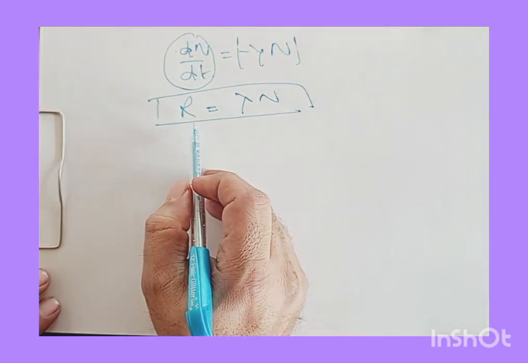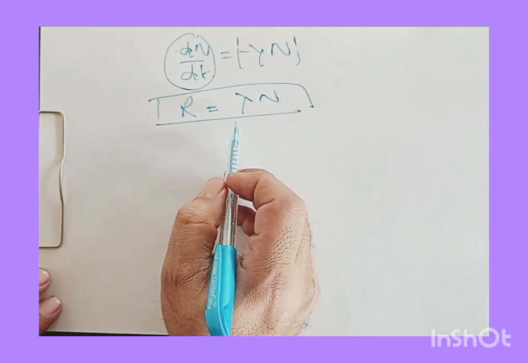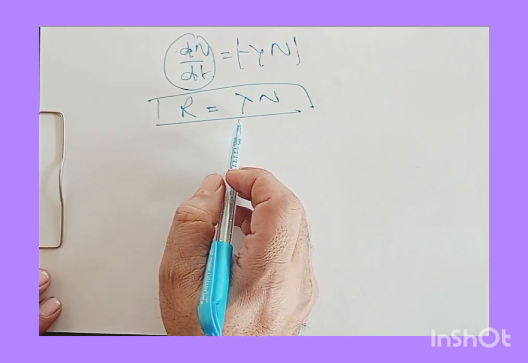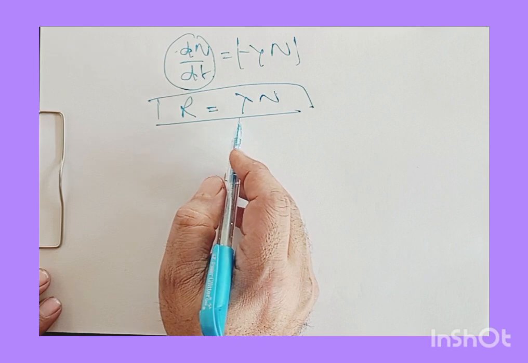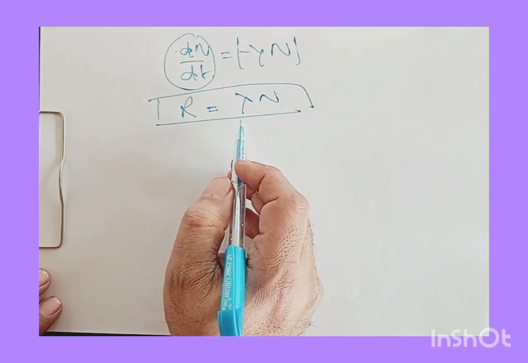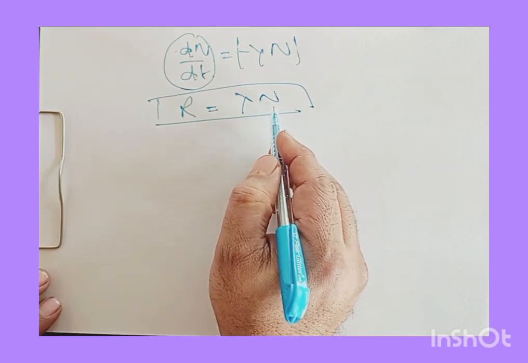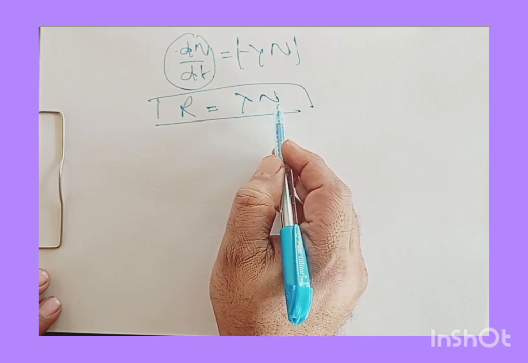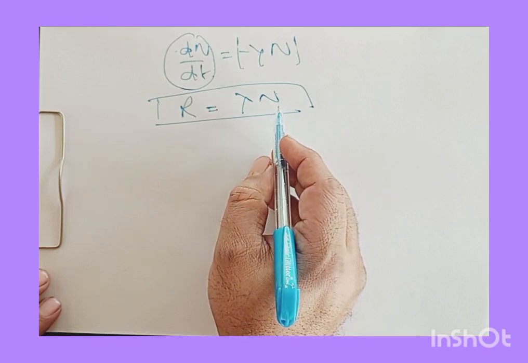This activity that we have here is certainly dependent on the disintegration constant or decay constant, and it is certainly dependent on the number of undecayed radioactive nuclei in the substance.